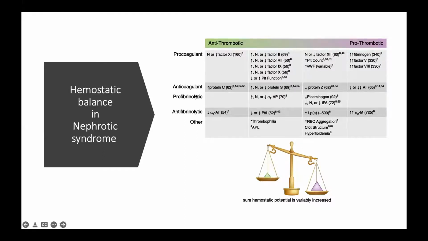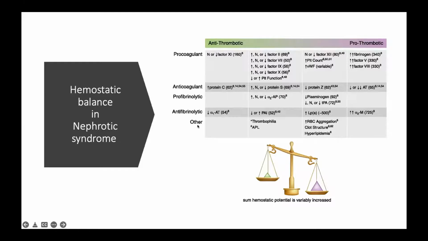And with regard to the anticoagulant system, there is decrease in antithrombin and protein S. Protein C levels, although total levels may increase, free protein C levels are usually either normal or on the lower side. And with regard to profibrinolytic, there is decrease in plasminogen and decrease in tissue plasminogen activator.